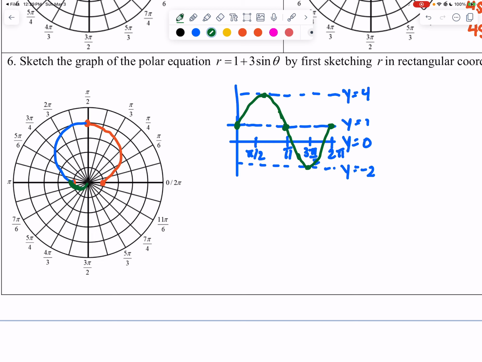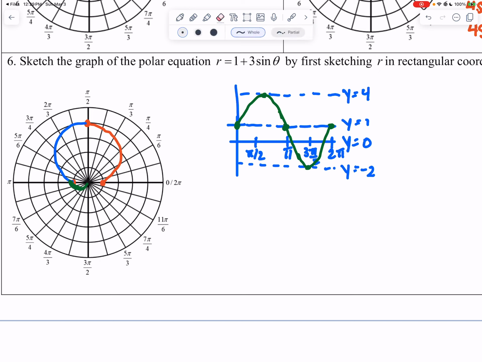And then from this point to 3 pi over 2, we are down at -2. Now remember that we don't have negative r values, so what we are going to do from pi to 3 pi over 2 is make this a positive 2. So at 3 pi over 2, if we have this right here, it's going to be up here. 1, 2.